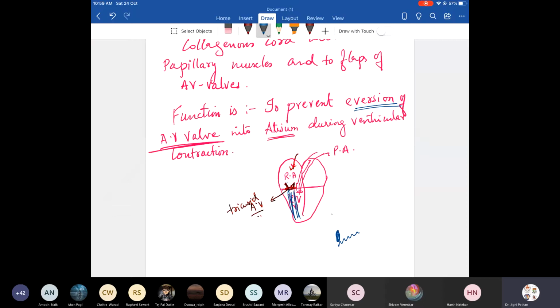To the papillary muscles there is a cord attached, which is called chorda tendineae. One side is attached to the papillary muscles, the other side attaches to the AV valves to prevent the eversion of the valves into the atrium. Tanmay, is it clear about the papillary muscles? Yes, ma'am. Okay. Any other doubts you can send me.